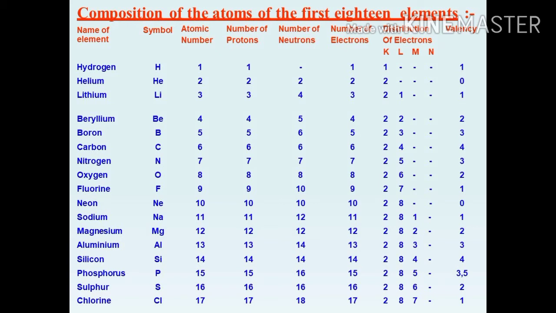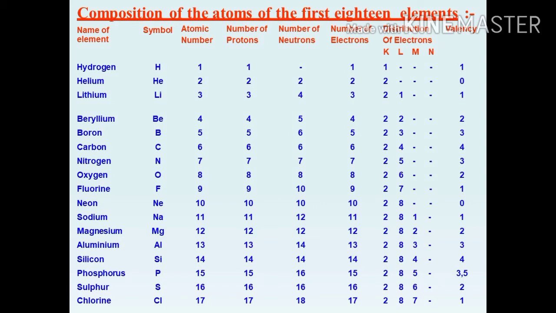In the center is the proton, and around that only one orbit is there, K shell, first shell. How many electrons are there? Only one electron. So the K shell, first orbit, contains only one electron. So the valency electron is 1. What is a valency electron? The electron present in the outermost shell of an atom.